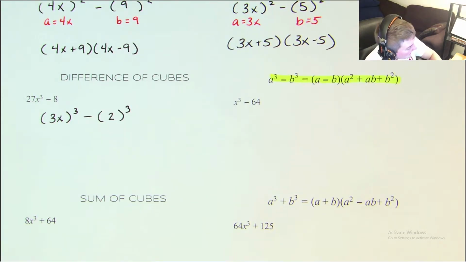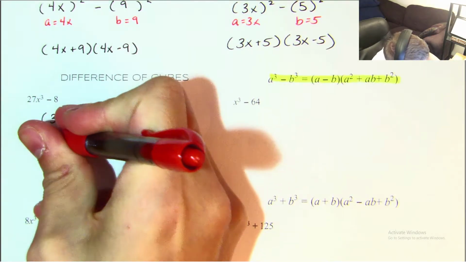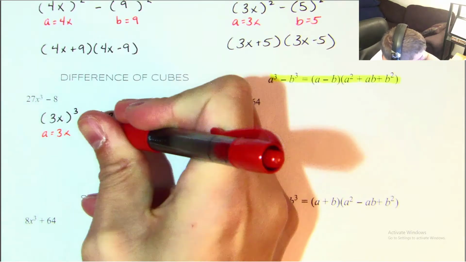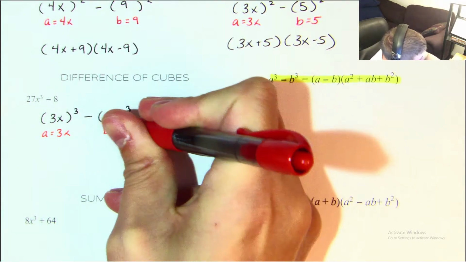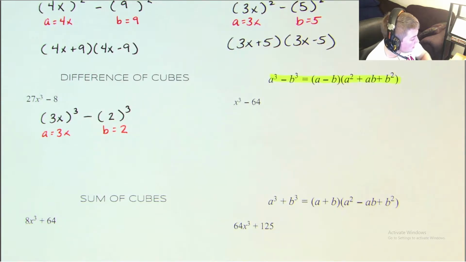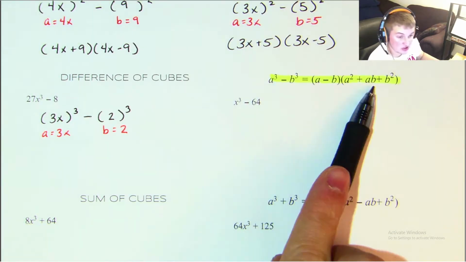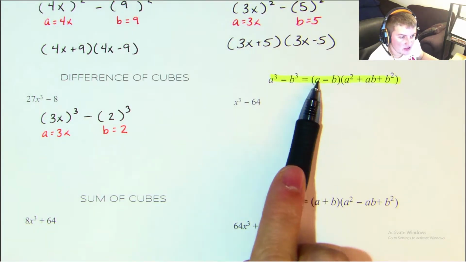So now I have an a value, which is 3x, and a b value, which is 2. Now I can just fill in these pieces.